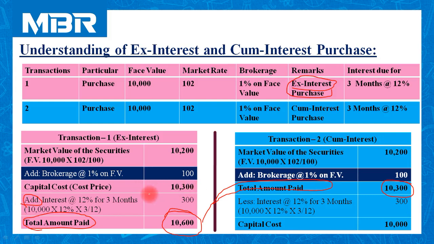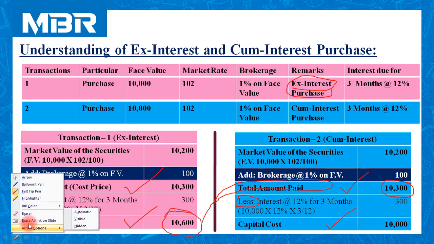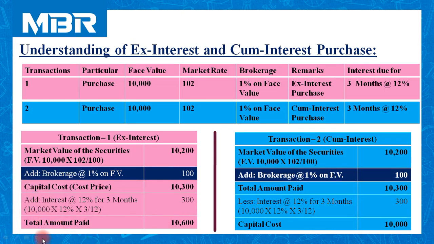X interest means additional interest and cum interest means including interest. So the amount is including interest. We need to deduct this amount from our calculations. So in X interest transaction, you will get capital cost first and total amount paid last. In a cum interest transaction, you will get total amount paid first and capital cost last. So this is what the basic difference is in between both these methods.